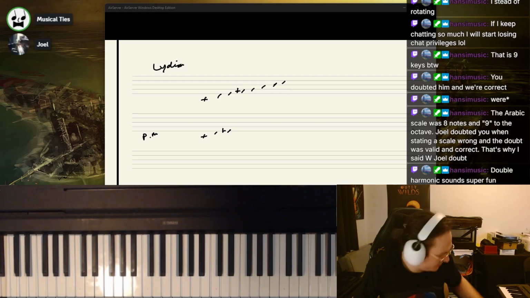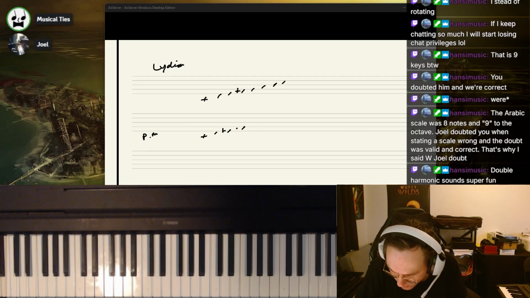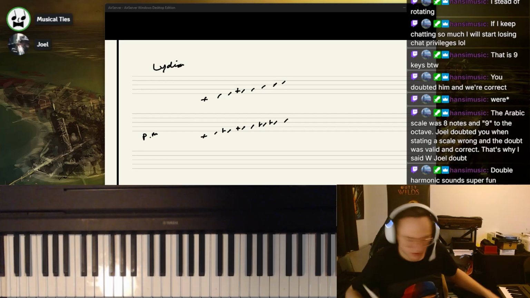We lower the third, and we get the F sharp still. We then lower the sixth and lower the seventh, right? To match up the pattern of whole steps and half steps. So then you get.